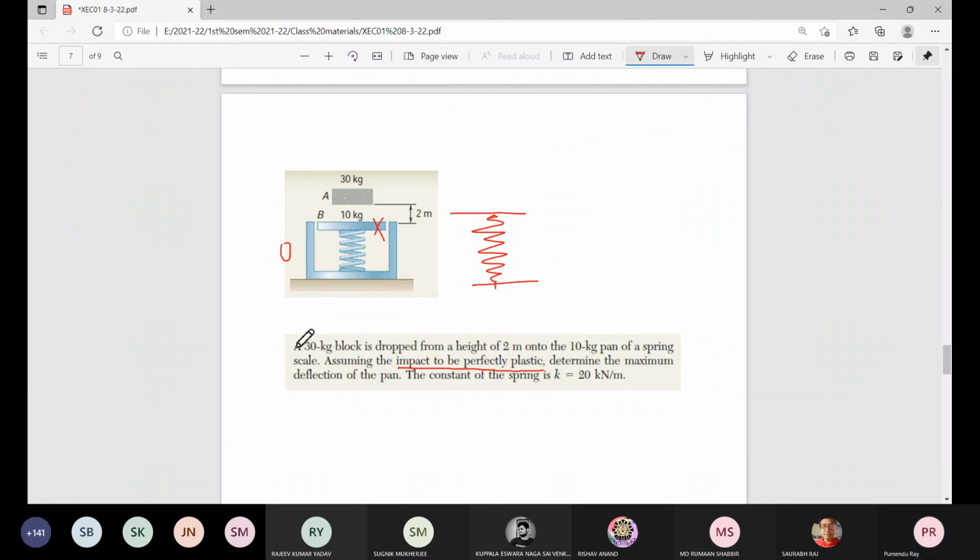Then what do we do? We place the pan. When you place this pan, definitely it will show this mass. Naturally, in terms of mass or weight or whatever it has been calibrated, it will show this when it is placed, and there is some compression.